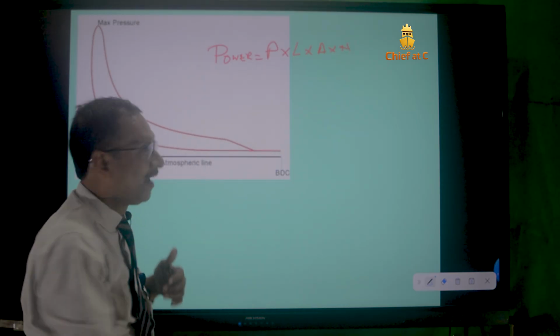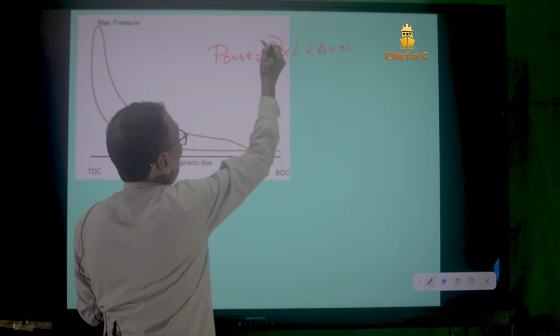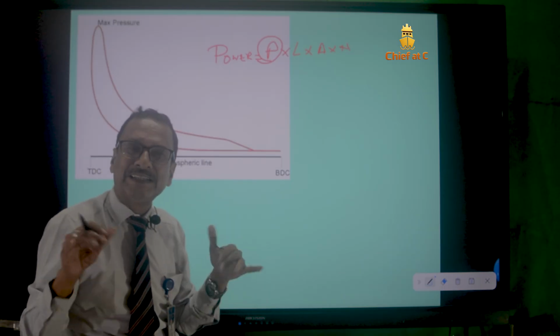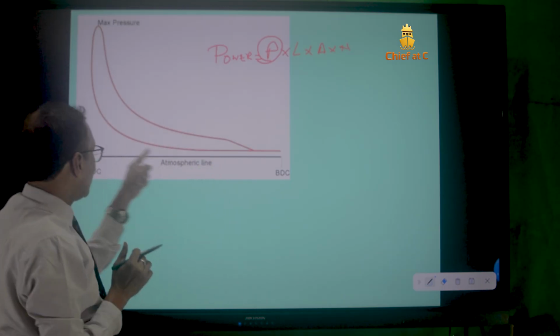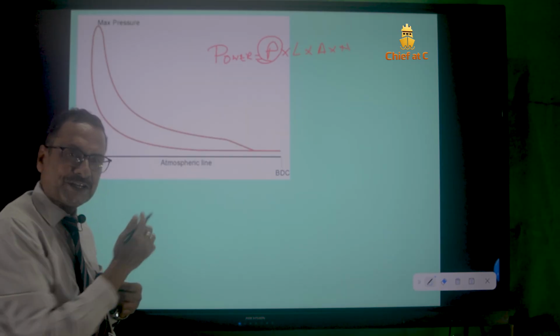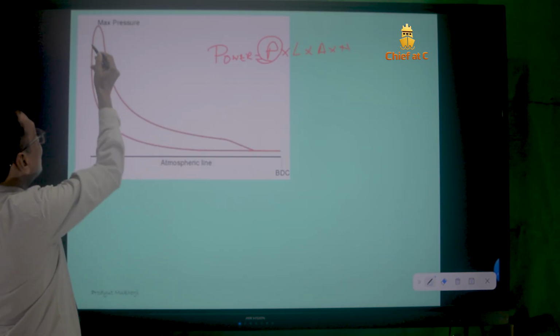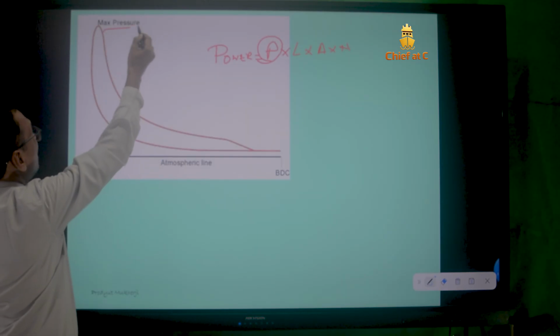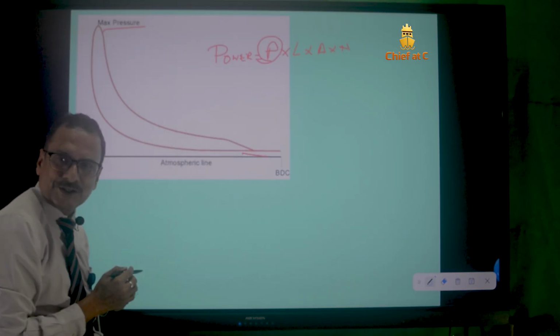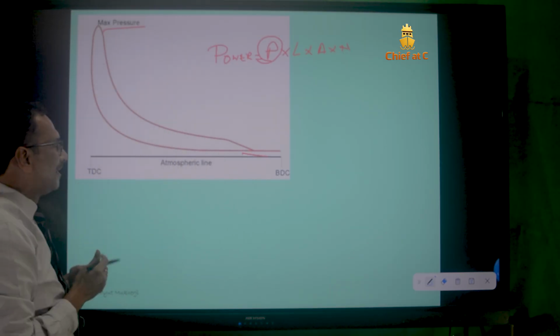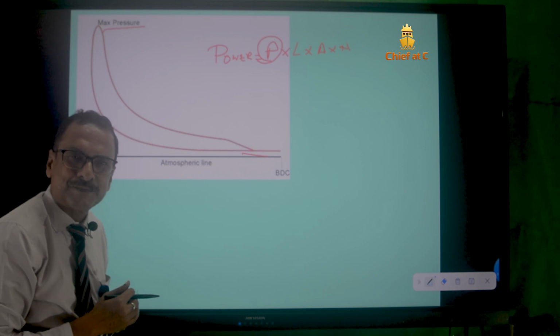This is the formula. Now we have to find out this pressure which is acting in the cylinder. This is the nature of variation of the pressure inside the cylinder. See, this is the variation. This is the maximum pressure. This is the minimum pressure. You see, the pressure is varying in a very odd manner.